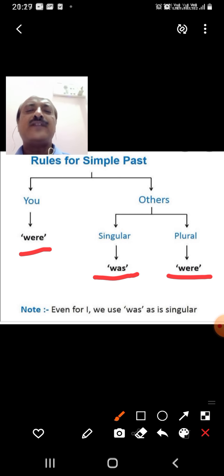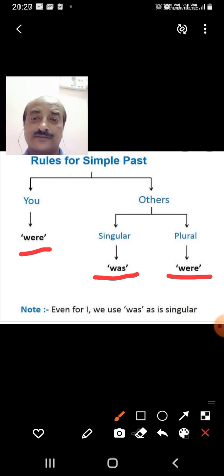And in plural we use were when we are talking about more than one person, animal or thing. We were, you were, they were playing in the park. They have done the homework. They all were present yesterday. They all had gone to the picnic yesterday. But for I we use only singular, that is was. I was present in the meeting yesterday.